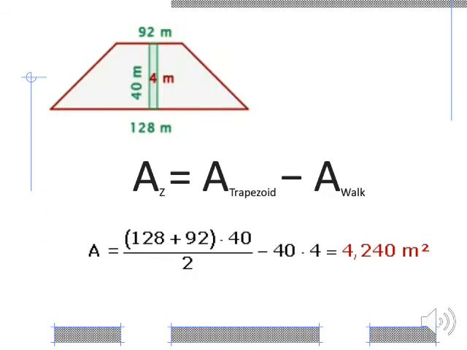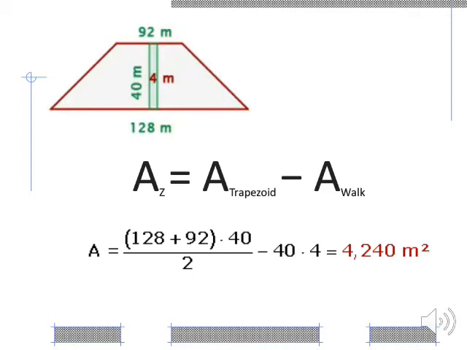Illustration: this is the shape given, 128 meters on base 1, or the P1, and then we have P2, which is 92. But then there is a walkway that you will subtract.